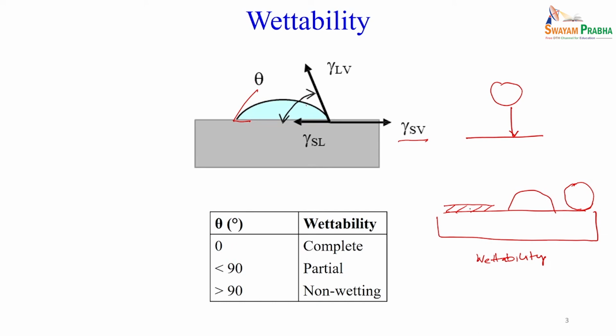If it is 0, in the first case it is completely wettable. If it is less than 90, it is partially wettable, and this surface is called hydrophilic.